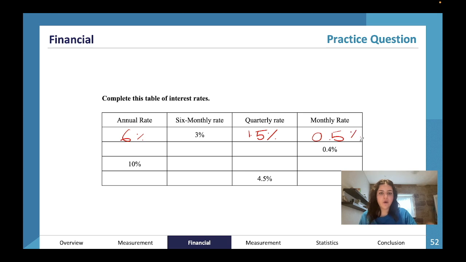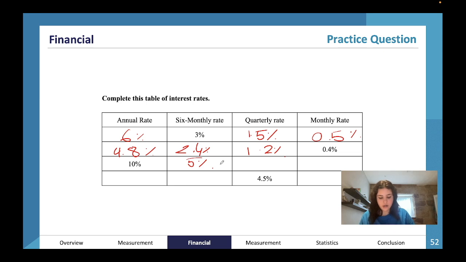If we have a monthly rate of 0.4, we can multiply by 3 months to get a quarter, 1.2. If we have 0.4, we're going to multiply by 6 to get 6 months, 2.4%. And then we multiply that by 2 to get the annual rate, 4.8%. This one, annual rate 10%, so the 6 monthly rate is going to be half of that, 5%.